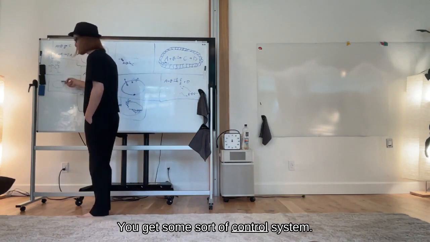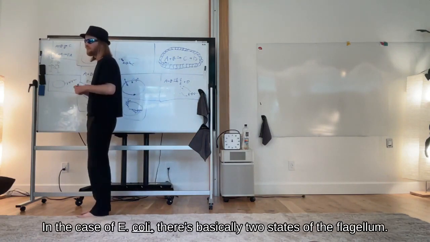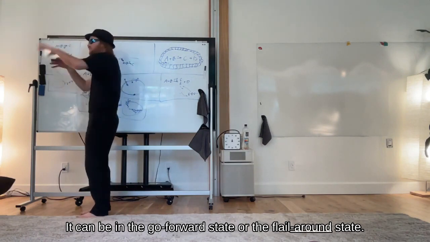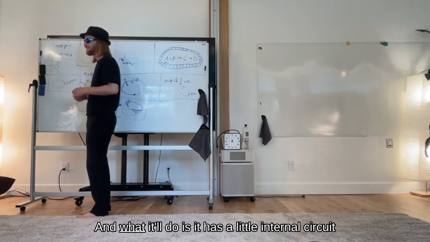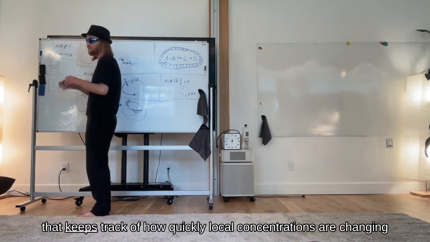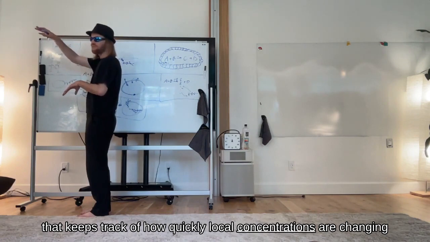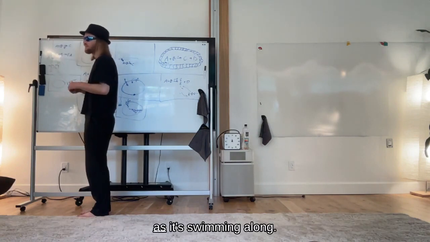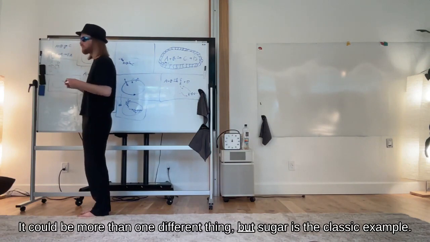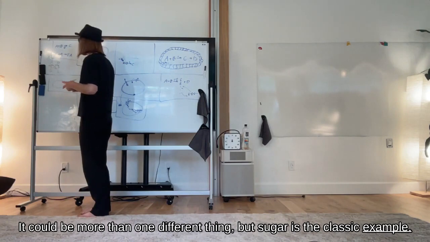You get some sort of control system. In the case of E. coli, there's basically two states of the flagellum. It can be in the go forward state or the flail around state. And what it'll do is it has a little internal circuit that keeps track of how quickly local concentrations are changing as it's swimming along. Concentrations of sugar, for instance. It can be more than one different thing, but sugar is the classic example.